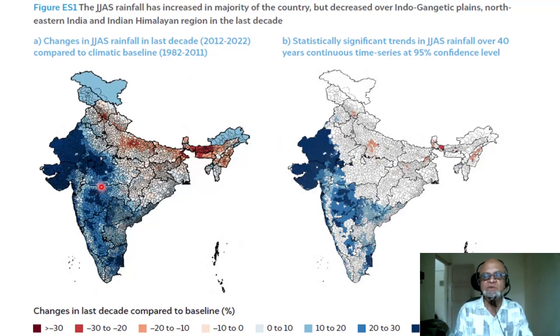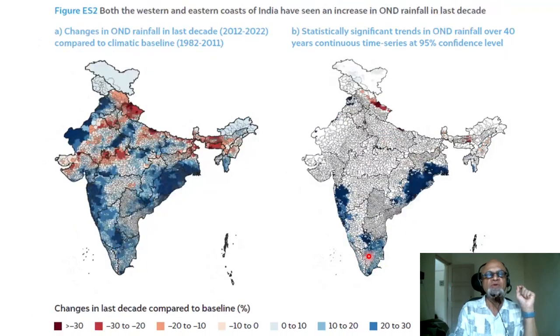So this is a decadal change as well as a 40-year trend, but you can see large other parts largely lose the significance of the trends, but you have this strange pattern here of increasing rainfall trends in percentages over the last 40 years, and here. And remember, this is only JJS rainfall. This region also gets a lot of OND rainfall, which we will look at.